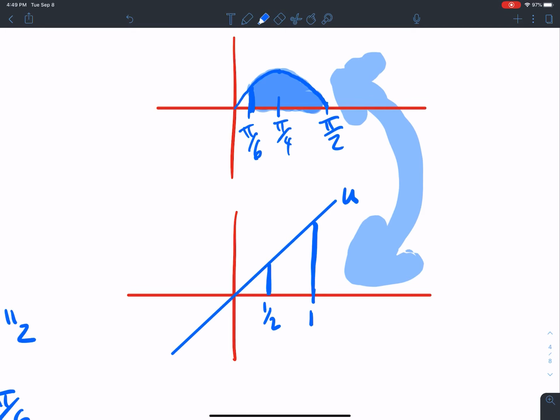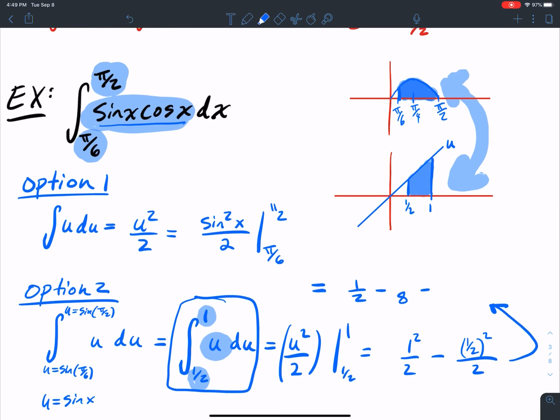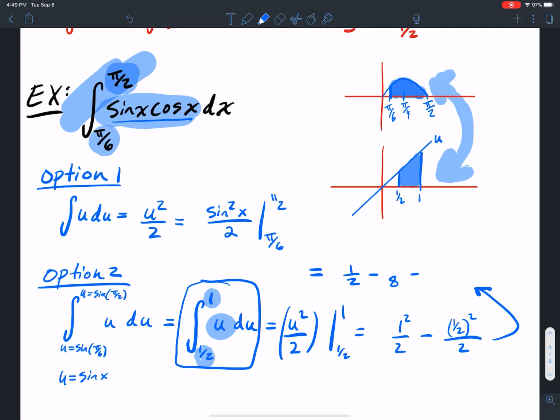So we know how to find the area of a trapezoid without even using calculus. So kind of weird that this area gets pushed into the shape of a trapezoid with a U-substitution. So really the idea here is that the U-substitution takes something that's really complicated and turns it into something that's really not complicated at all.